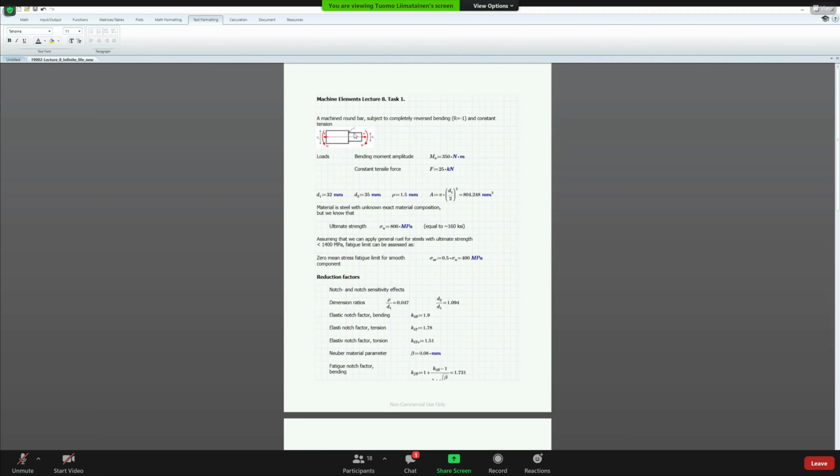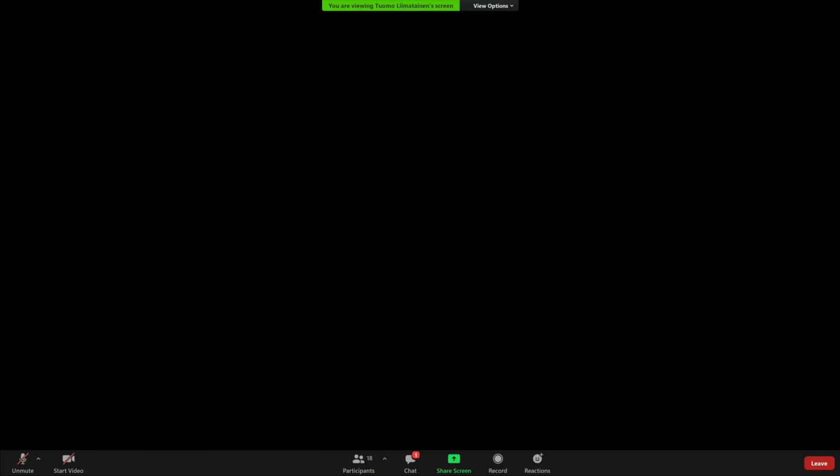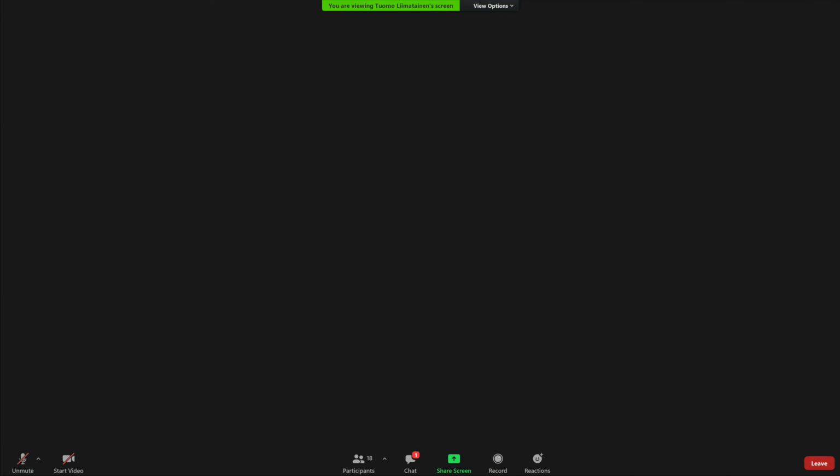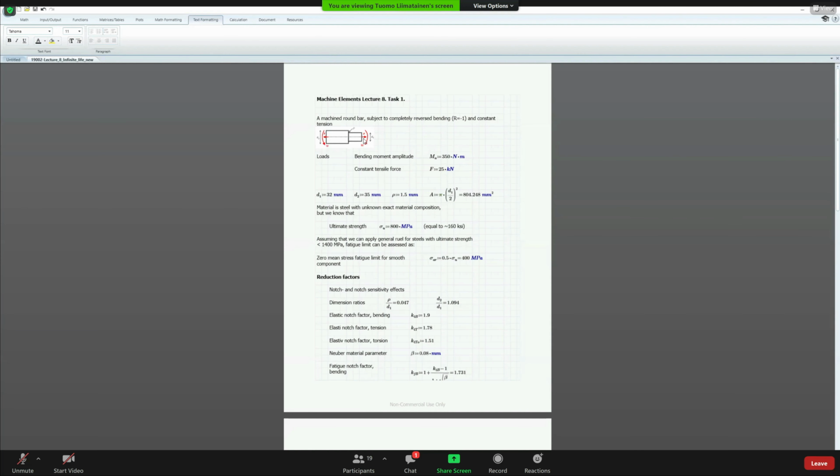But while the shaft is rotating, the point from the top of the shaft is turning aside, and after half a turn, the same point would be at the lowest point, in the 6 o'clock position. And at that point, it would be in compression. So this way, a rotating shaft, which is under gravity load, will experience fully reversed bending loading.